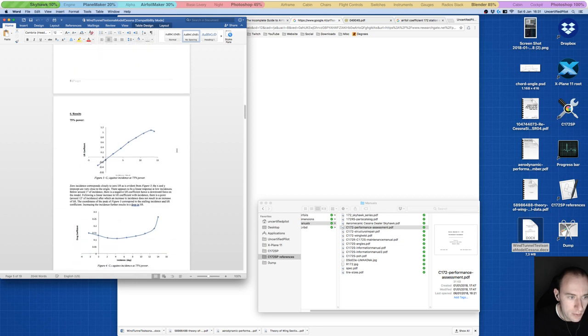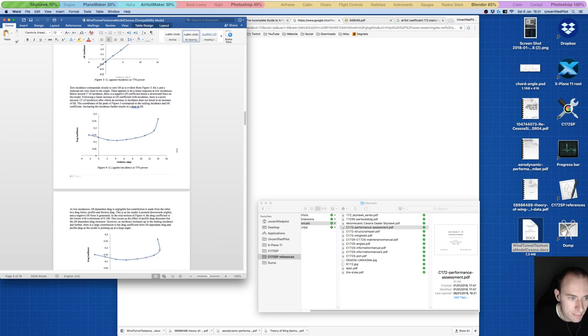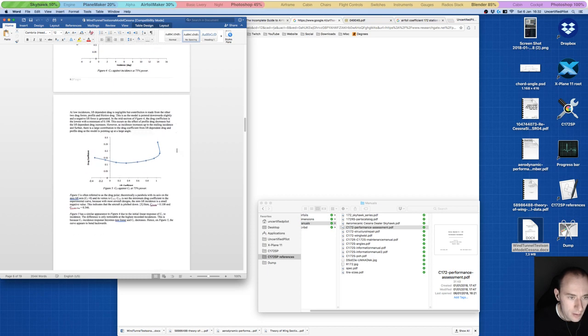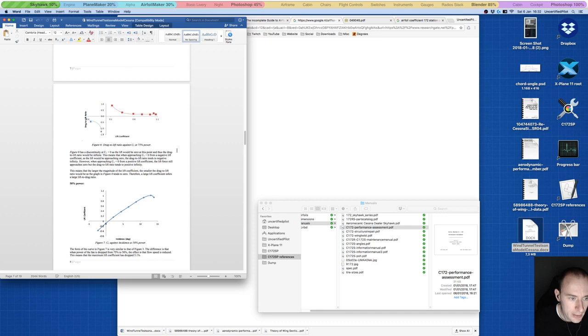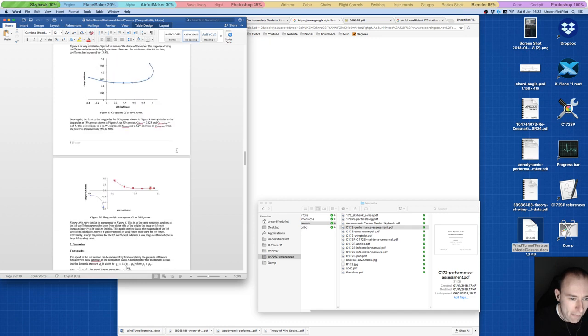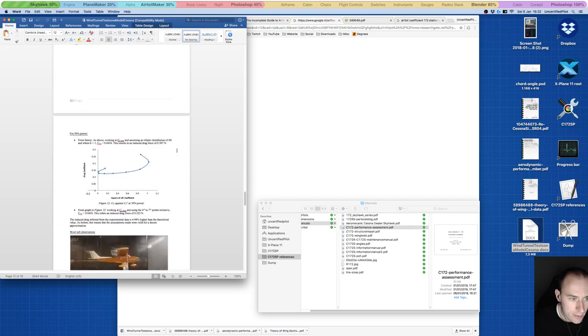I think I've already seen this one. Lift coefficient, 75% power. Drag coefficient, yeah. But again, are there any references?